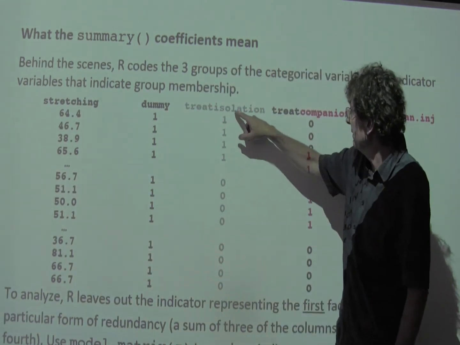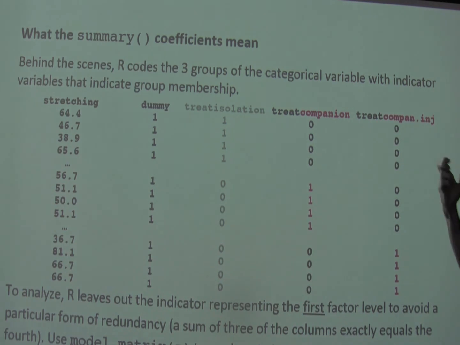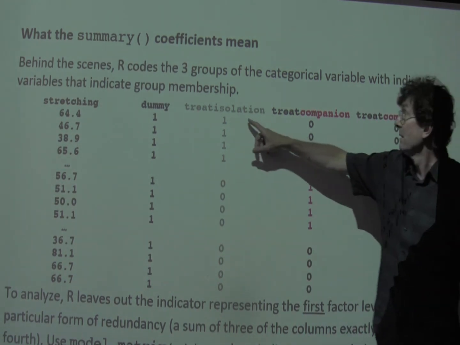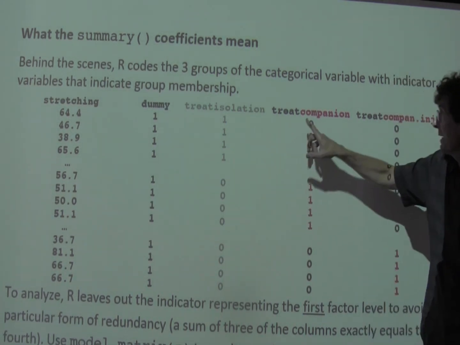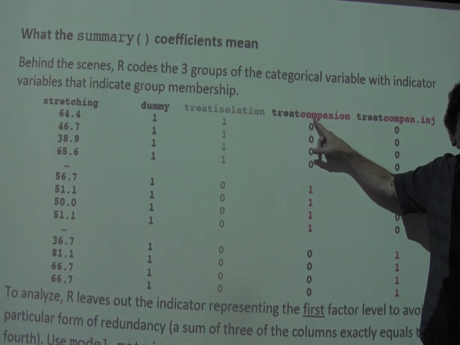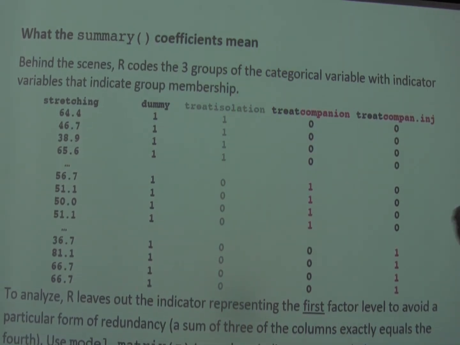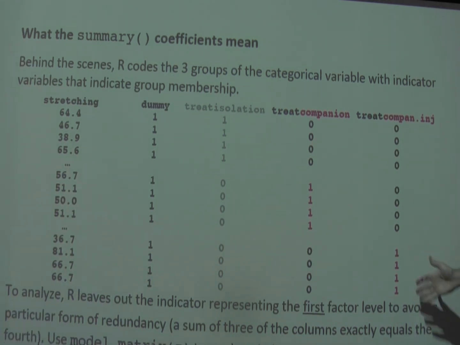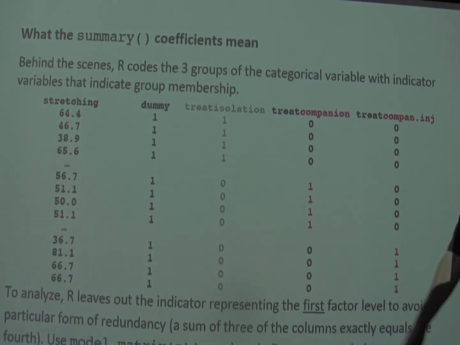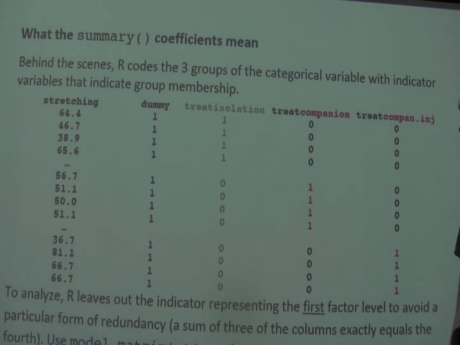And to show you that there are now three variables behind the scenes. One is the treatment is isolation. The second is the treatment is companion, treatment number 2. And third, the treatment is the injected companion. So you have a column of dummies for each variable.